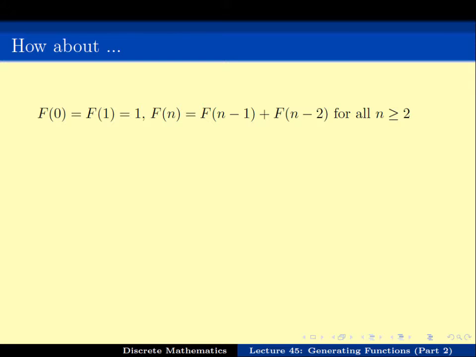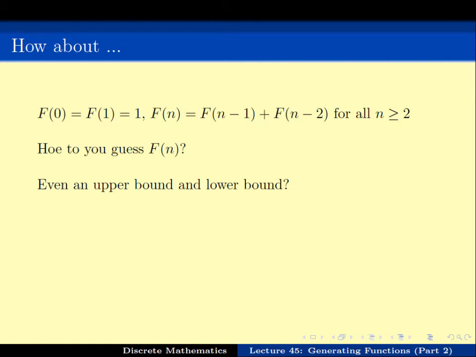When it is of this kind, the problem is that there is no easy way to guess it. How do you guess fn? Even getting an upper bound and lower bound which is tight enough is not an easy job. For example, this is the particular expression of this fn, and it clearly shows that even getting a proper theta notation for this fn is not an easy job.